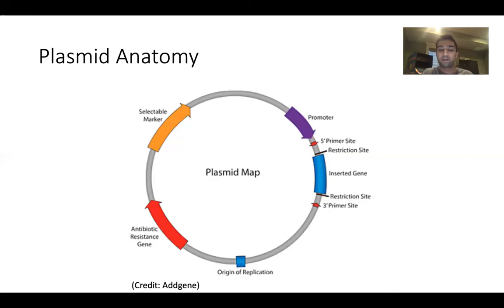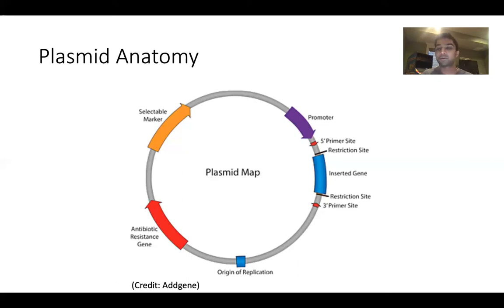So any bacteria that have not taken up the plasmid, that haven't been transformed, will not have that resistance gene, and thus they'll die. They'll get killed by the antibiotic. So this is a way to make sure that the only bacteria that you're harvesting are the ones that are edited the way you want them to, that have the plasmid in them.